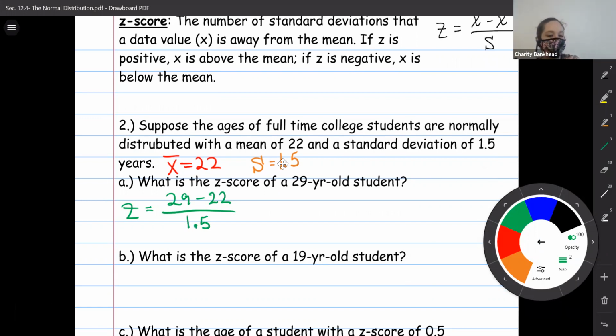All right, and you can put this directly in your calculator. Just make sure you put parentheses around the numerator so it knows that that whole thing is going to be divided by 1.5. Okay, so that's approximately 4.67.